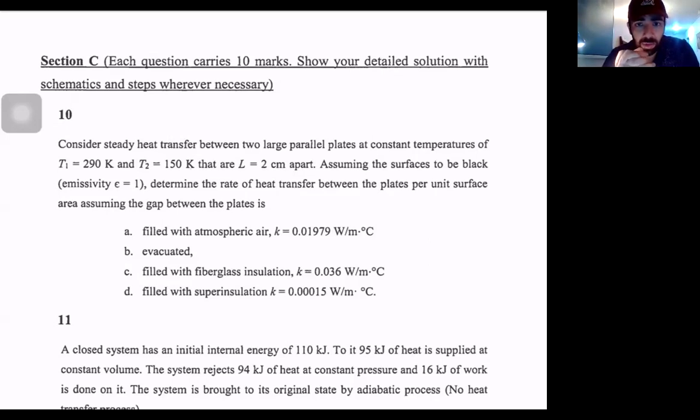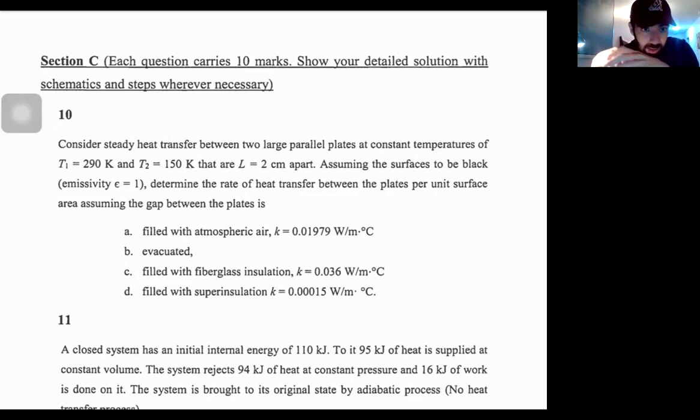So for solving this question, you have the information for the temperatures of the two parallel surfaces. You have the length between them, which is 2 centimeters. And it has asked us to find the rate of heat transfer per unit surface. It hasn't given us the area, so it asks us to find it per unit surface area.